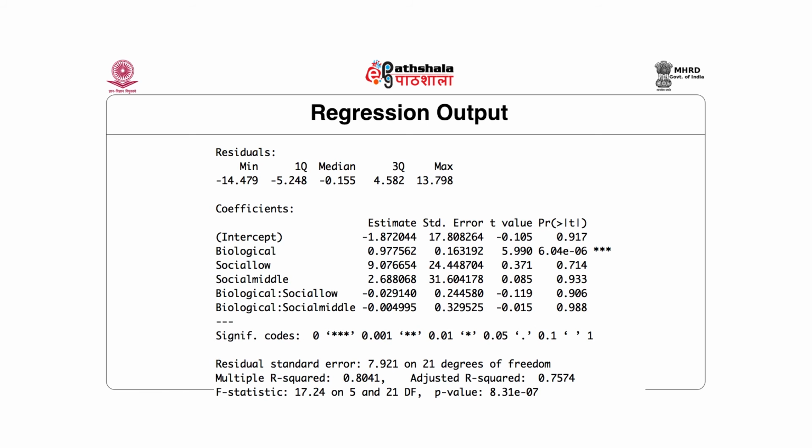But you can see that the social class didn't really matter in this as much as we can see here. The only thing that really mattered was the biological parent, and that explained it. The model is statistically significant, and it explains about 75% of the variability.